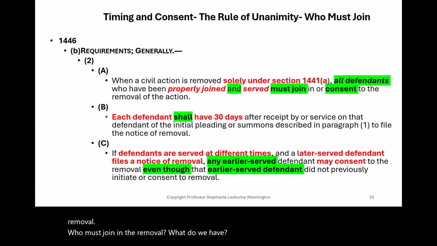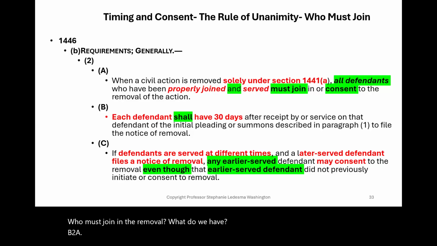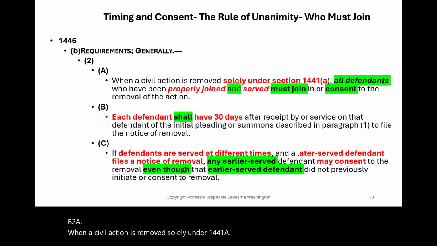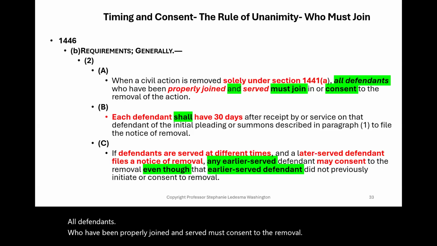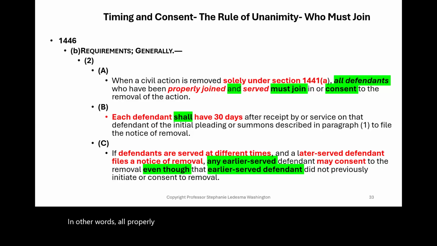(b)(2)(A): When a civil action is removed solely under 1441(a), all defendants who have been properly joined and served must consent to the removal. In other words, all properly joined and served defendants must agree to remove the case.